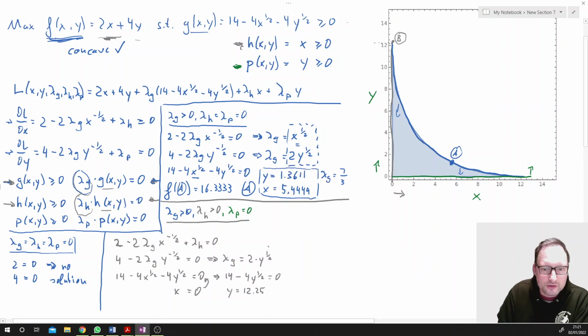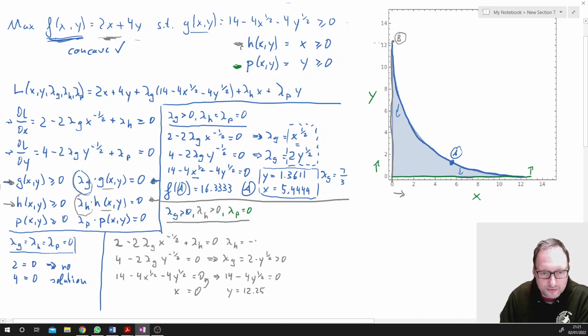So what this means is that if y is positive, the lambda g is larger than 0.